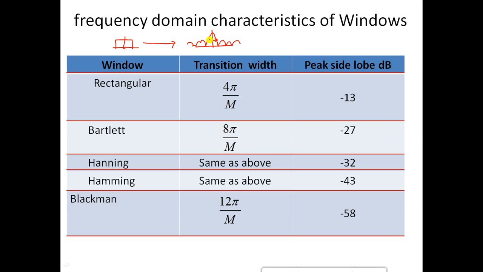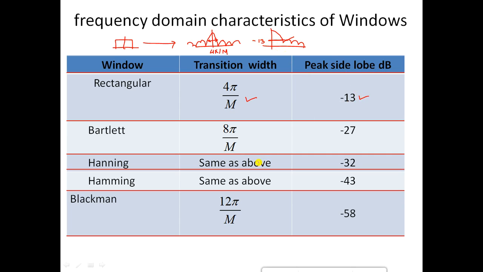This is what we call the transition width, and this width will be equal to 4 pi by M. And this is the first side lobe, and the stop band attenuation will be approximately minus 13 dB.